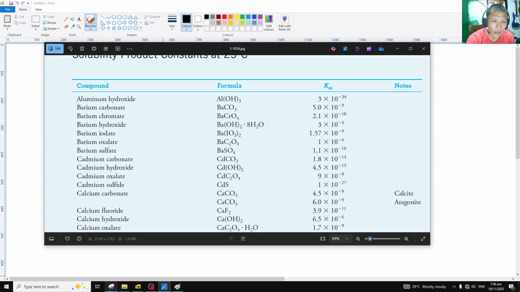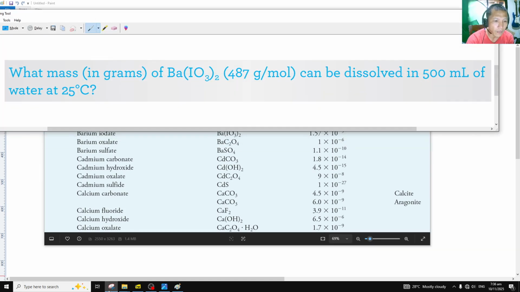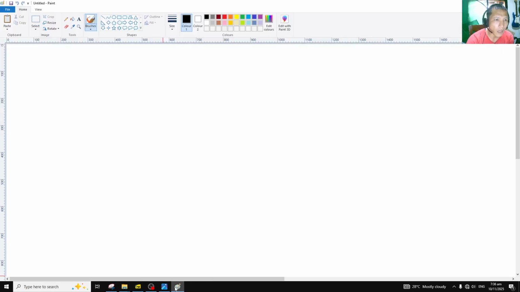So, 1.57 times 10 to the negative 9. So, KSP is 1.57 times 10 to the negative 9. So that is the solubility product constant of your barium iodate, Ba(IO3)2.